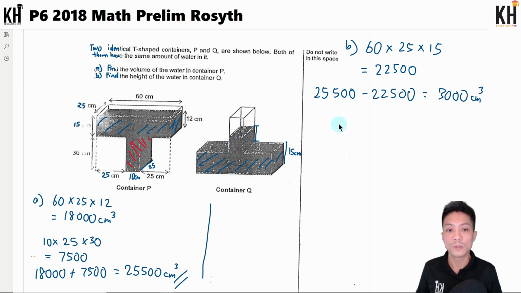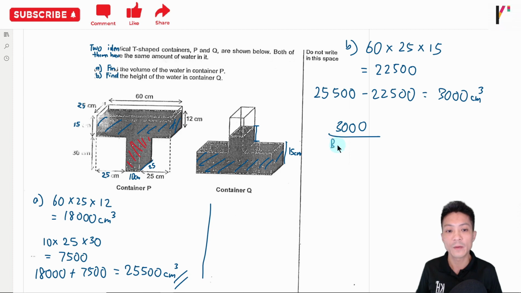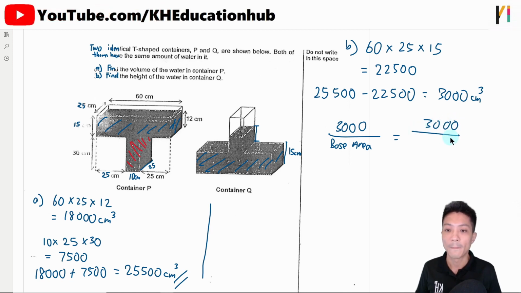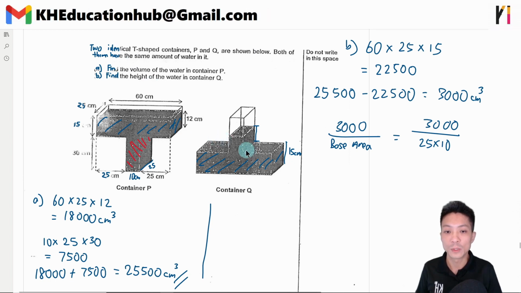So I need to use 3,000 divided by the base area. The base area is 25 times 10, because here to here is 25 and here to here is 10.